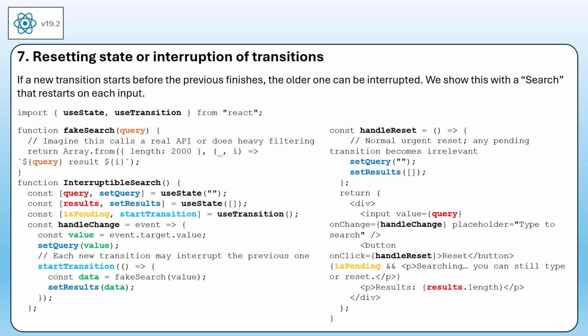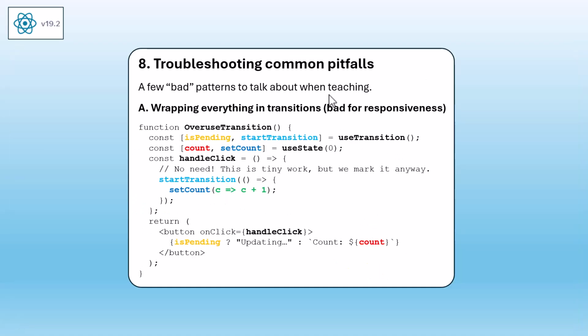This means you should design your transitions with the possibility of interruption or cancellation in mind. Your UI should not rely on the transition finishing before the user can interact again. Additionally, you should handle the pending state, the Boolean flag, correctly. If a transition is aborted or replaced, your UI must reflect that accordingly.